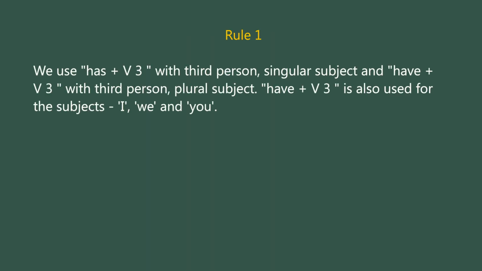We use has plus V3 with a third person singular subject, and have plus V3 with a third person plural subject. Have plus V3 is also used for the subjects I, we, and you, like, we have completed our homework.